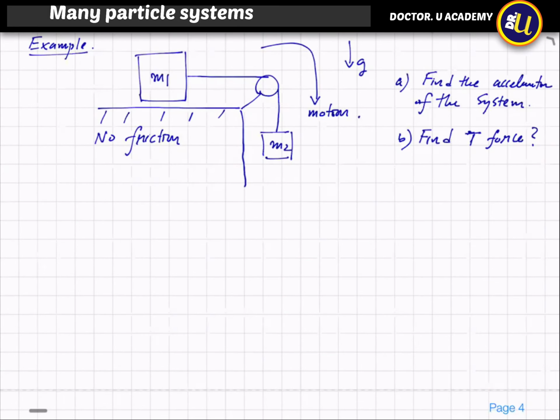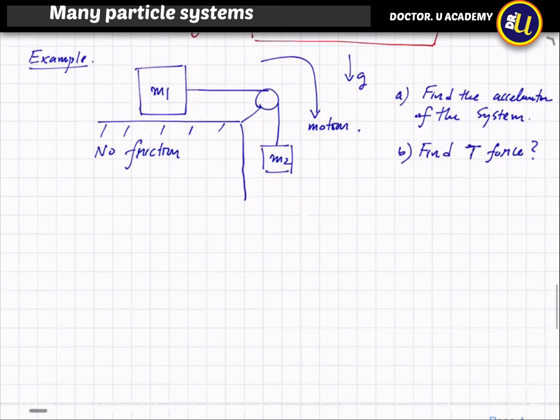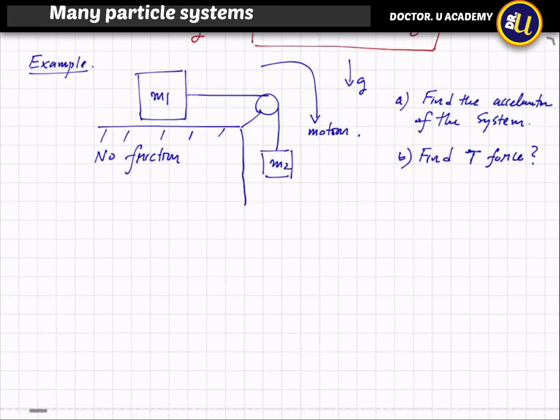Okay, so in this question, first we have to find the acceleration. Now the surface has no friction, so we will mark down all the forces acting on these masses. So we have m2g going down.